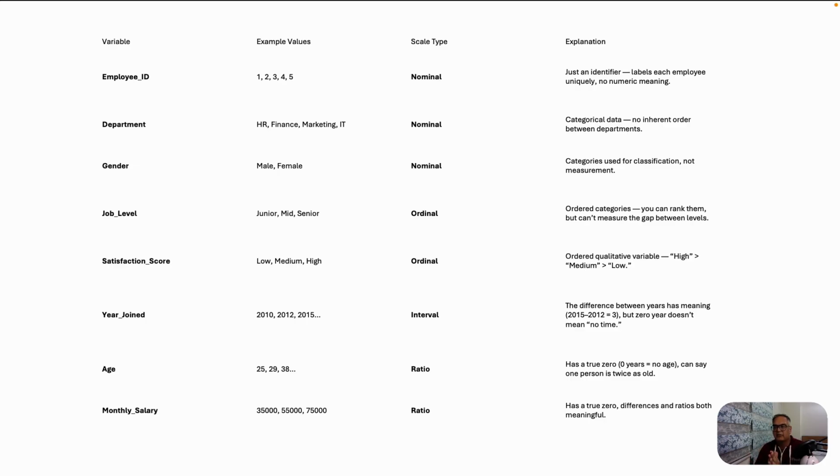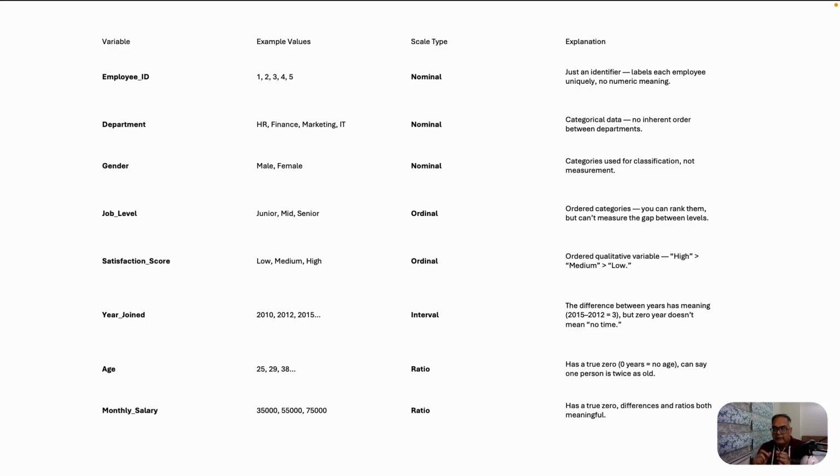So this was the scales of measurement. Whenever you see a variable, firstly you see whether it's quantitative or qualitative. Within quantitative, you see whether it's a discrete variable or a continuous variable. We discussed it in the last video. You can have a look.